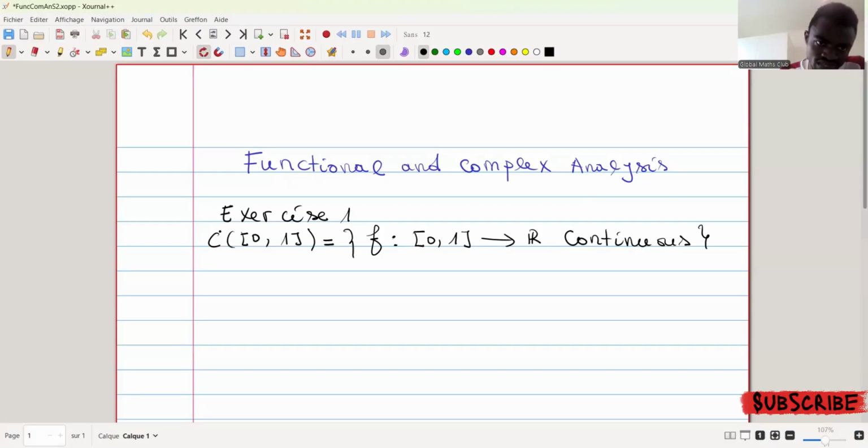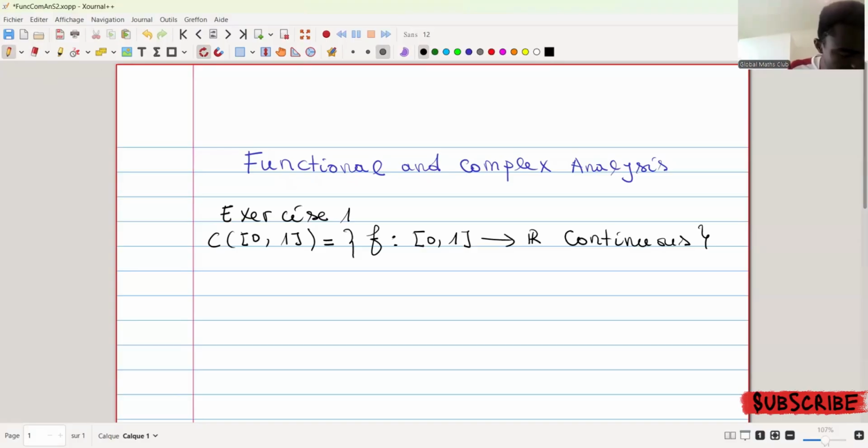Someone can trace here too, so we can put 0 here. It is the same thing. The 0 here means that the degree of differentiability is 0. So the order of differentiability is 0. It is the same thing.